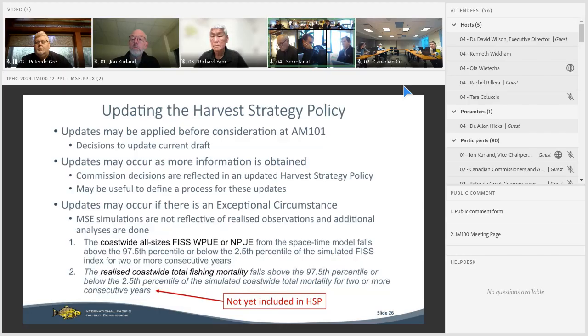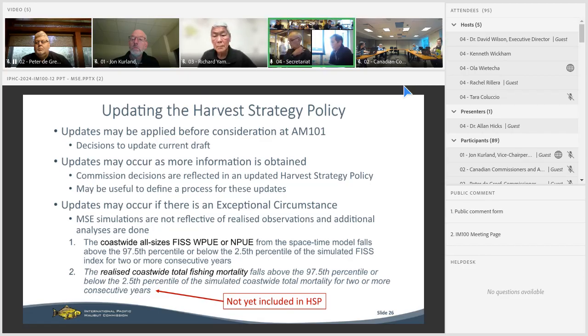So one question, though, is how do you update a harvest strategy policy? Well, this is a draft right now, so we could put some updates into it before the 101st annual meeting. And those decisions made now or between then would be incorporated into that current draft. Updates may occur, though, as more information is obtained.